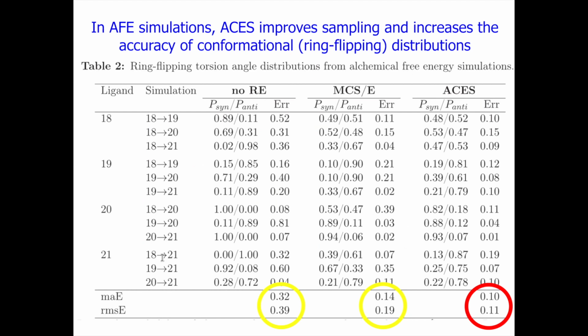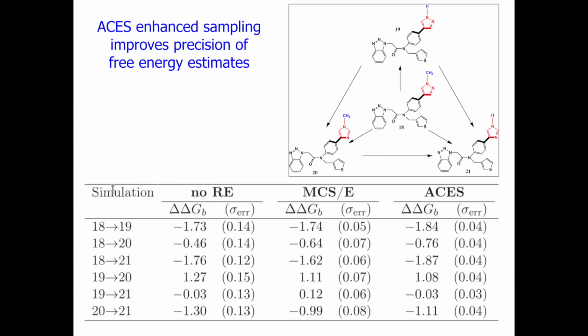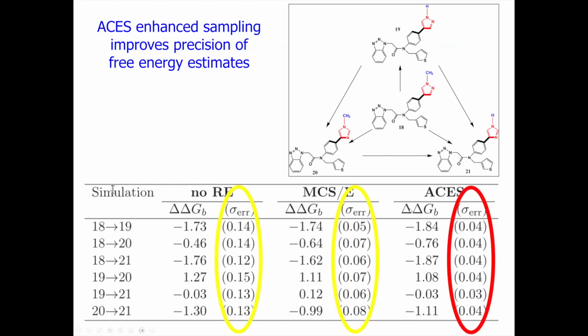And when you turn around and compute an actual free energy from that, what ends up happening is that the statistical error estimates for the free energy is much better using the ACEs approach than other methods. And the reason is because it's sampling those distributions in the right ratios as opposed to sort of getting stuck.